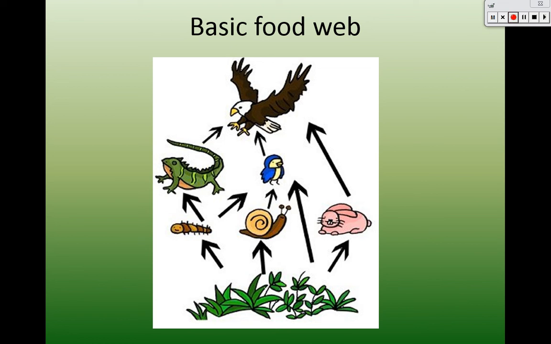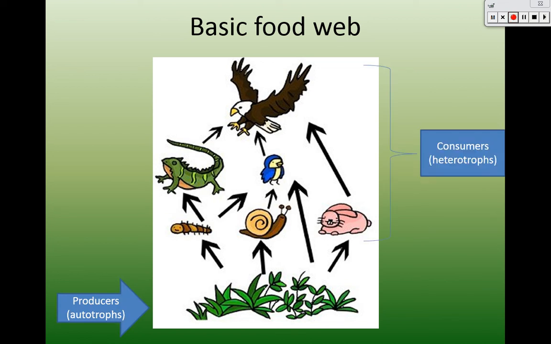And we're going to break this whole food web down into different categories. So the easiest categories are to say that on any food web you have producers and consumers. And the producers are always the autotrophs, so like the plant matter in this case, the vegetation, and then the consumers are the heterotrophs, whether what they are consuming is the producers.